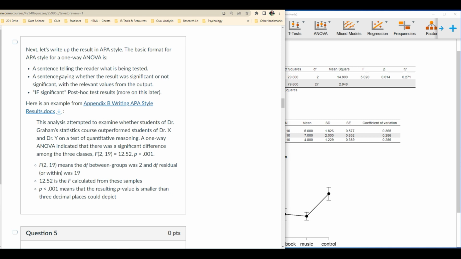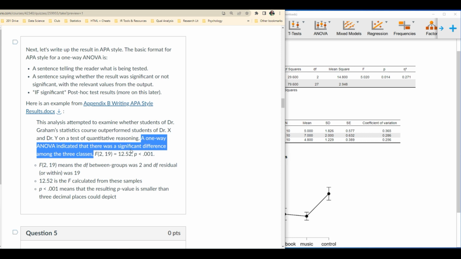Then you'll follow that up with a sentence that says whether your result was significant or not significant. And we'll be looking to our p-value to help us identify that. So whether your result is significant or not significant, with the relevant values from the output. This is very important because what you are stating is your claim. You are claiming that there is a significant difference among the three classes, according to this example.